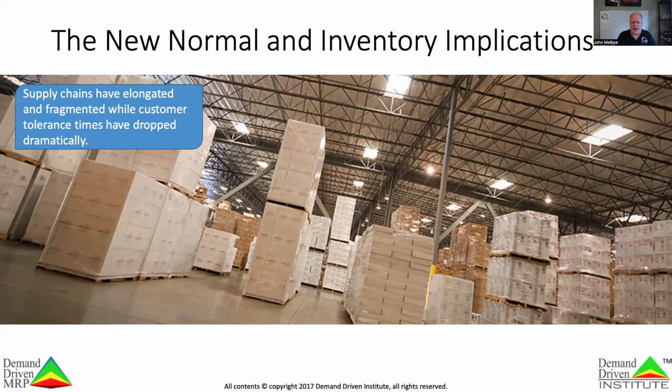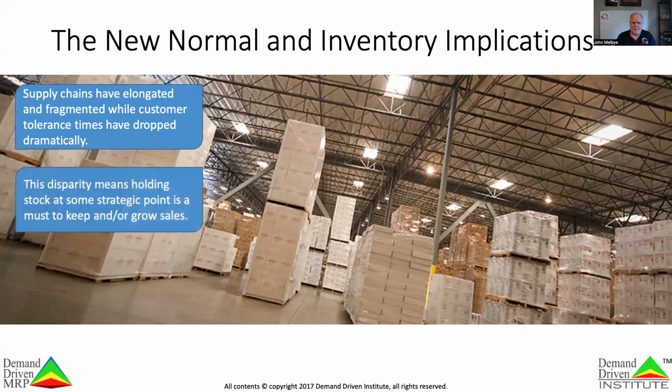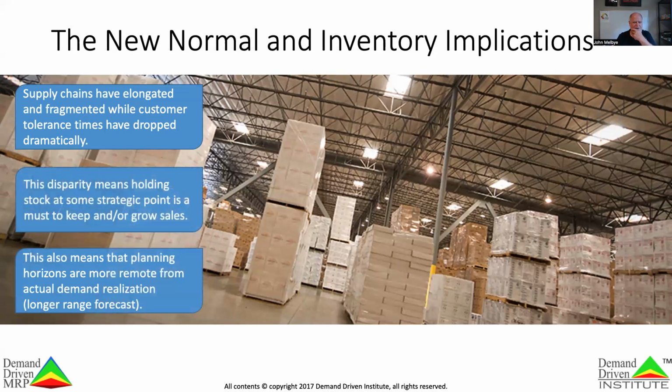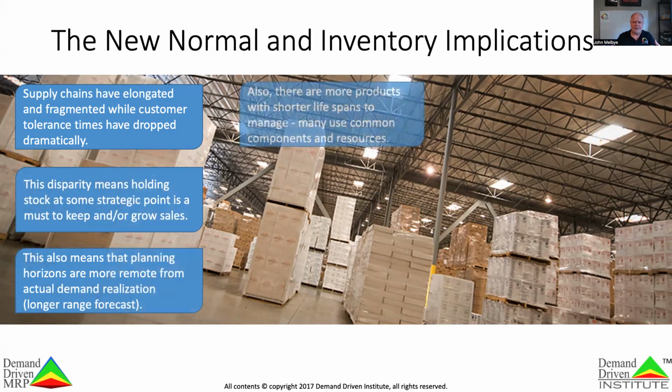There's a huge gap there. And that means that we have to hold inventory somewhere at some strategic point in order to keep or to grow sales. It also means that the planning horizons are more remote from the actual demand, so we need a longer range forecast.